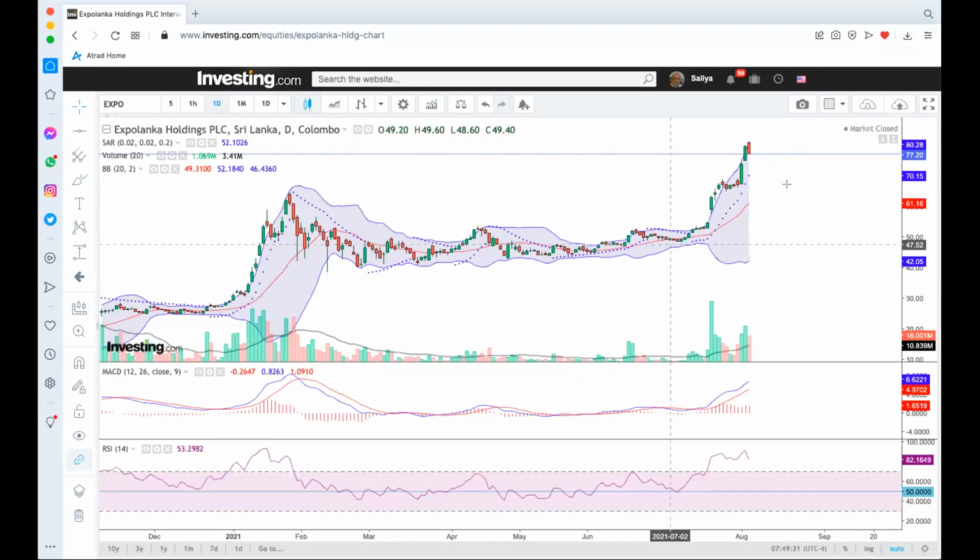Because today's price behavior is a range between 77.20 and 81.10, but yesterday it was between 75 and 80. Still, we are better off compared to yesterday, or at least we have come within yesterday's price levels.